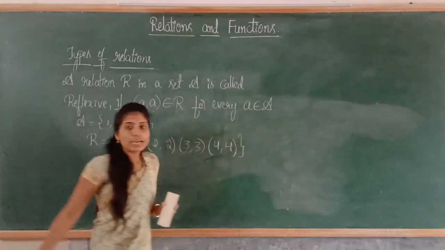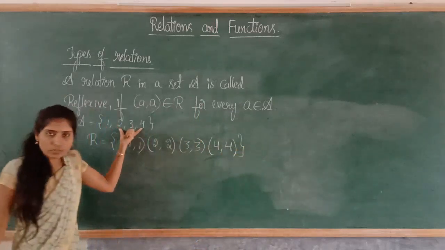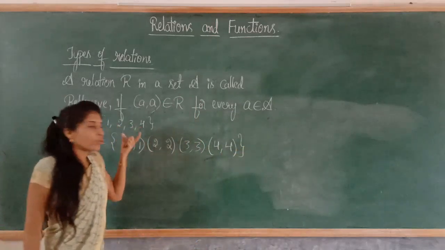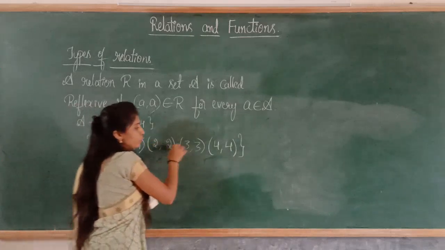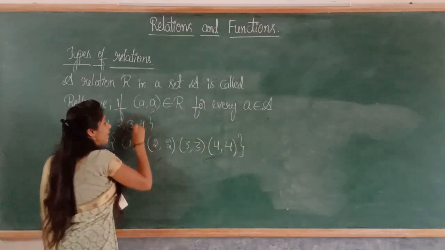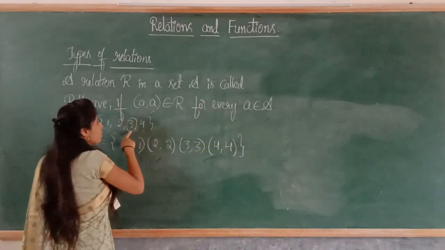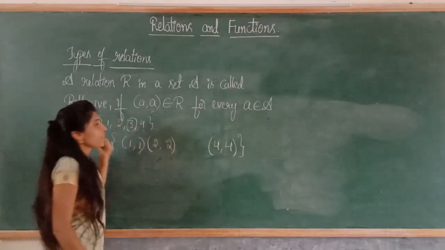This is the reflexive relation. See here, every element of set A should be in the relation: (1, 1), (2, 2), (3, 3), (4, 4). If any is missing, this relation is not reflexive.